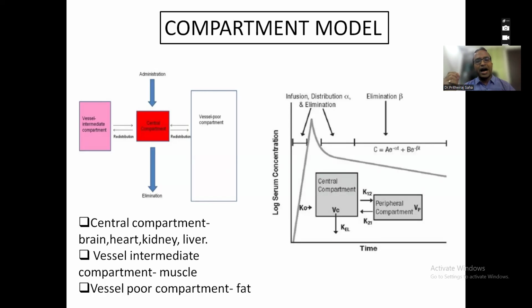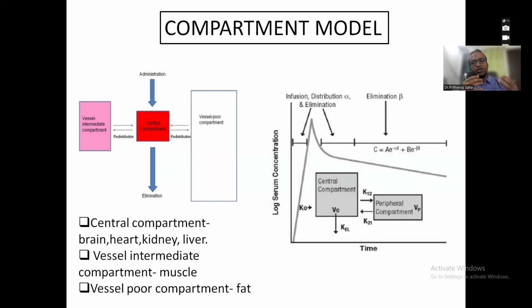But ultimately, the half-life of albumin, be it endogenous or exogenous, is 18 to 21 days. So it ultimately goes out of the body after 18 to 21 days. But the redistribution half-life for exogenous albumin, which is administered from outside, is 17 to 18 hours. So it is very important.